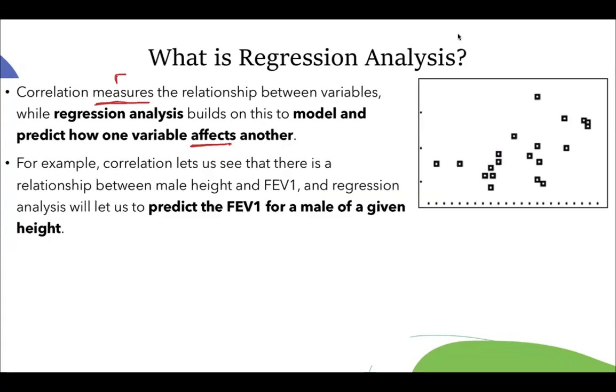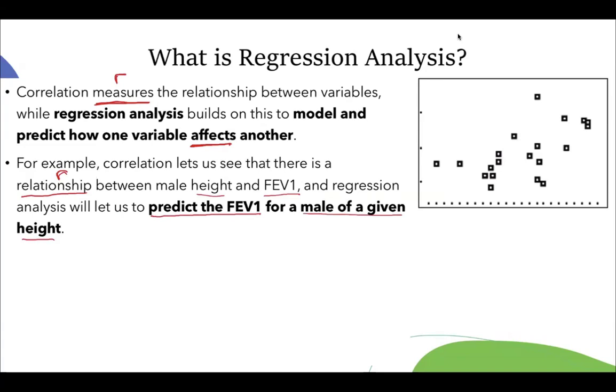So what we have with correlation in this last example we were working on is we see that we have a relationship between height and FEV1. We know the strength of that relationship by looking at the value for R. But when we take this a step further and do a regression analysis on it, we will have the ability to predict the FEV1 for a male of a given height.